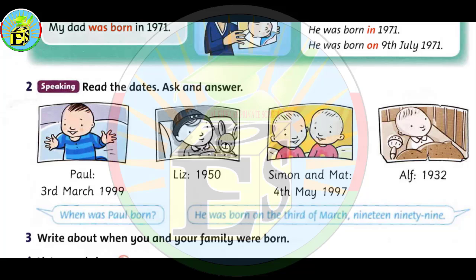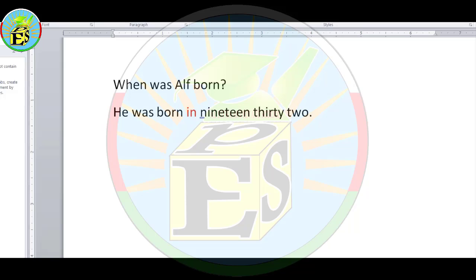The preposition in, this is the way to write it when we have only the year. Alf was born in 1932. Now we will write it together, and I would like you to write it too in your notebooks. So this is the way to write the question and the answer about Alf. When was Alf born? He was born in 1932.